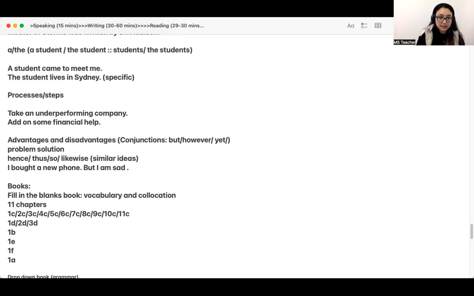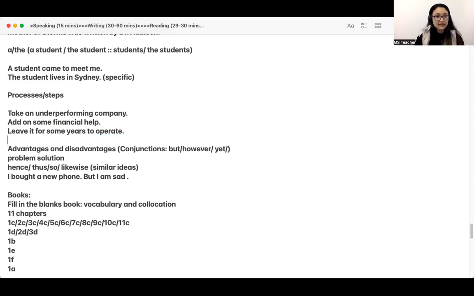Therefore, you have to add some financial help. Then leave it for some years to operate. That means you've given some financial help, and now you let it perform and work out on its own. That's the way to promote any company or make any company gain profit.